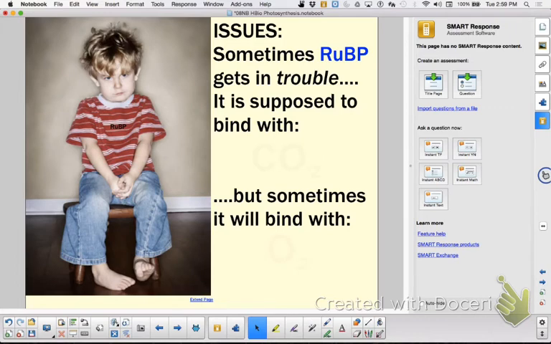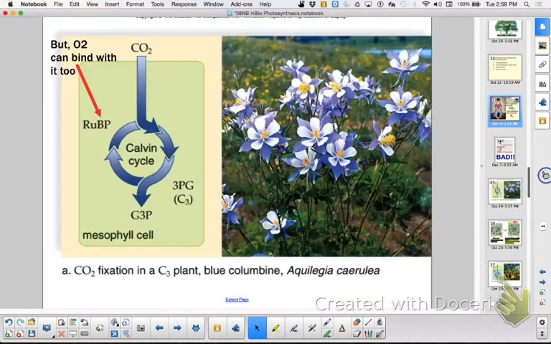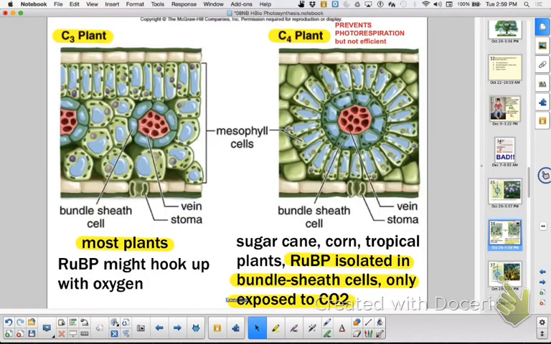So one way to deal with that is you have C4 plants, and basically what they do is they hide their dark reactions in what's called their bundle sheath cells. They use a compound called PEP, and PEP will only hook up with CO2. He has no eyes for oxygen.